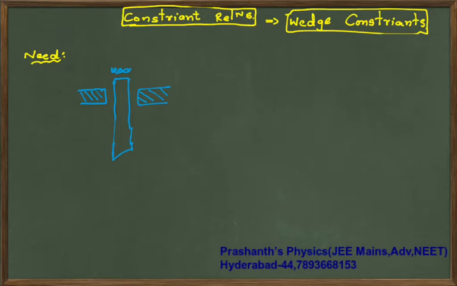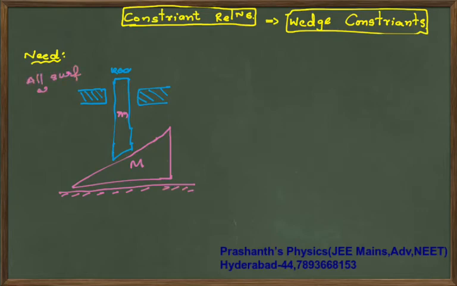Now you have a wedge as well. The rod's mass is small m, and the wedge mass is capital M. All surfaces are smooth.